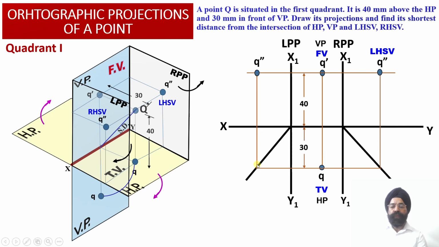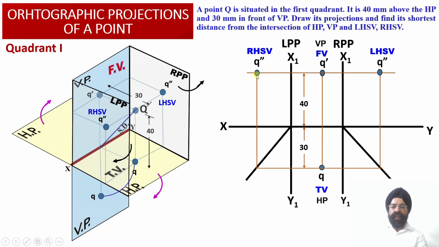Wherever this vertical projector line emerging from this transfer point intersects with the horizontal projector line emerging from the point Q dash, the intersection of these two projector lines provides us with the location of the point Q double dash in the right hand side view projections over here.